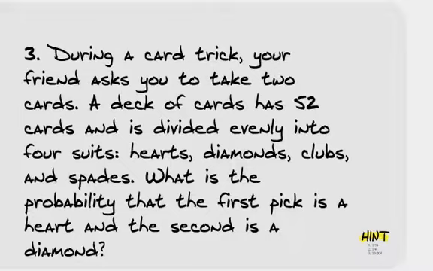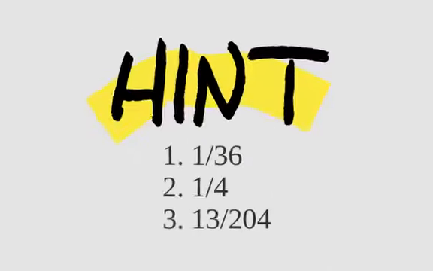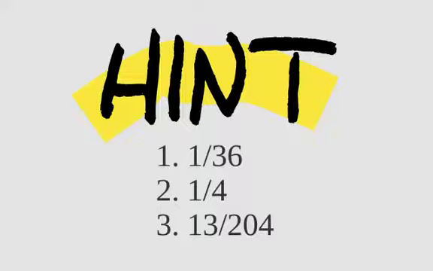Now, you took that 1 heart, and now you keep it. So how many cards are left? That's the trick. There's 51 cards left, okay? Now, what's the probability then of getting a diamond? Well, now there's 13 out of 51. So then you multiply those two probabilities together, and bam, you get this, 13 over 204.